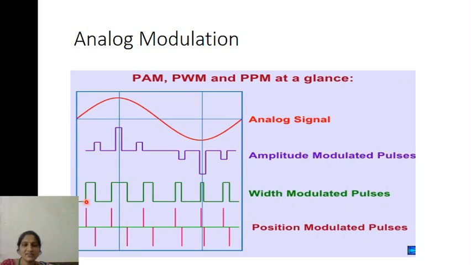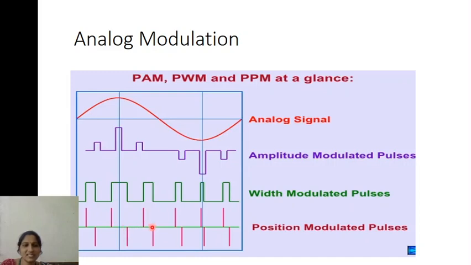Suppose this pulse position modulation has to come from the pulse width modulation signal. Suppose this is the pulse width modulated signal. This is the starting end and this is the trailing end. So at the starting end you are giving the pulses and at the trailing end a negative pulse. Positive end, positive pulse, and negative end, negative pulse.